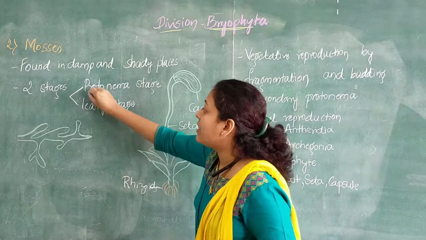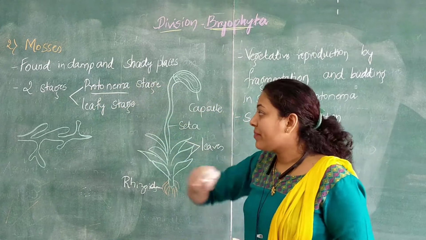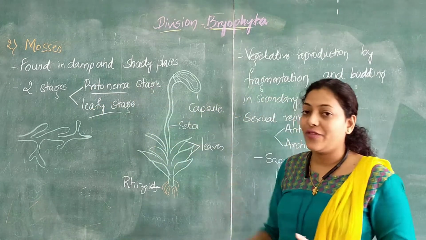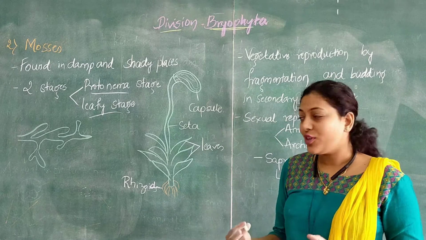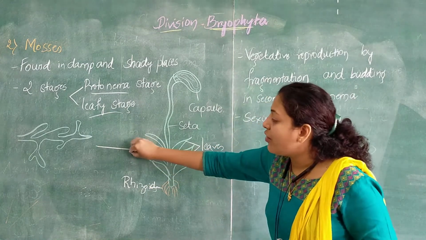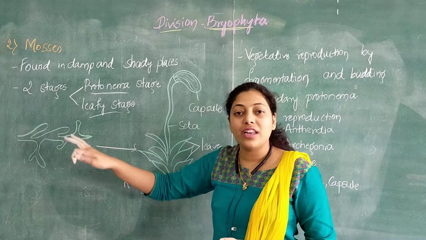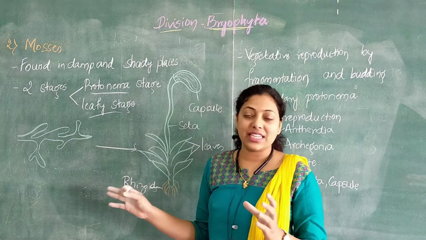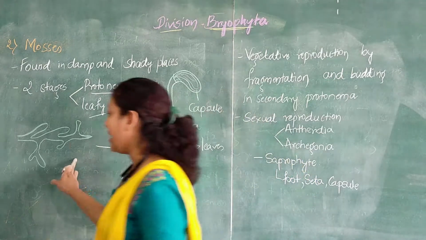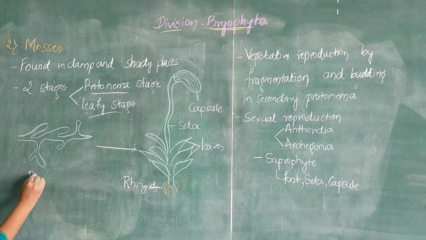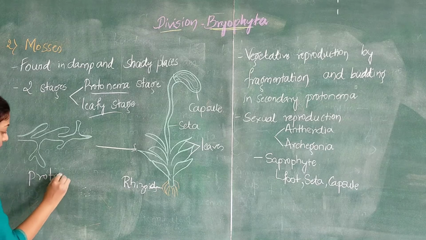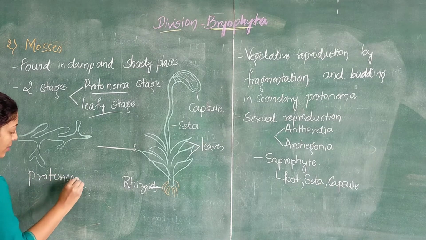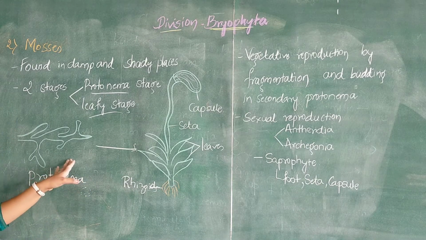Stage 1 is the protonema stage and stage 2 is the leafy stage. The protonema stage is a branch-like, simple filamentous stage. Here, this one is the protonema stage.